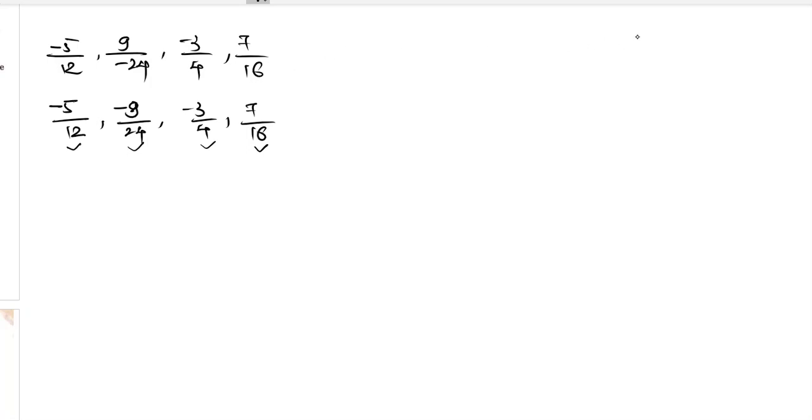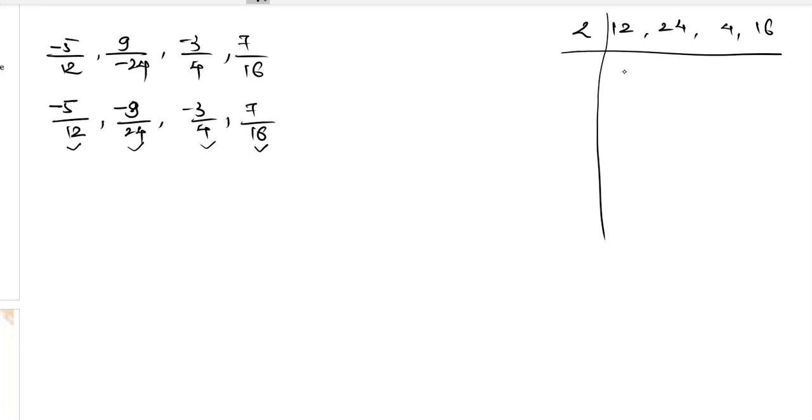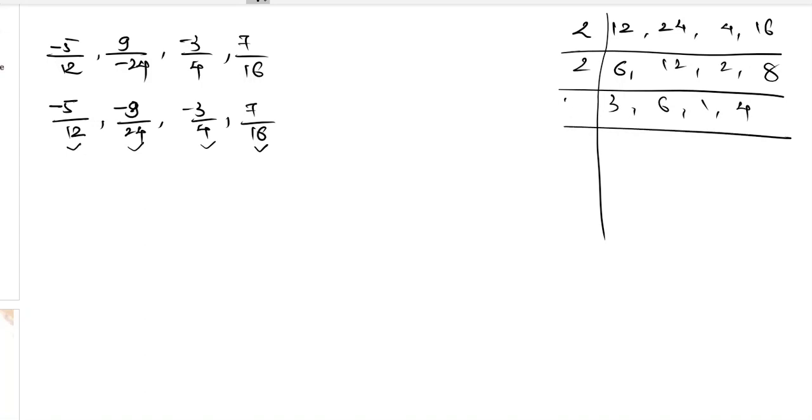If you don't trust me, let's find the LCM and see. 12, 24, 4 and 16. You remember how to find LCM? I hope all of you know how to find LCM. First, we divide with the lowest prime factor. So this is the method of prime factorization for finding LCM. 2 6s are 12, 2 12s are 24, 2 2s are 4, 2 8s are 16. 2 3s are 6, 2 6s are 12, 2 1s are 2, 2 4s are 8. 3 cannot be divided by 2. 2 3s are 6, 1 cannot be divided, 2 2s are 4. 3 will be as it is, 1 will be as it is, 2 1s are 2.